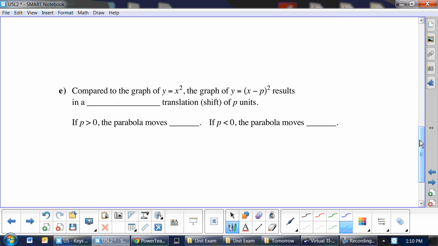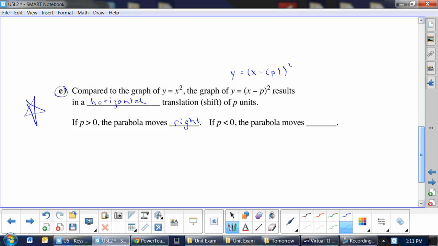So if we go down to E, we can say that it's a horizontal translation. And if p is greater than 0, so this is like y is equal to (x minus p) squared, if p is positive, it moves to the right, even though there's that minus sign there.